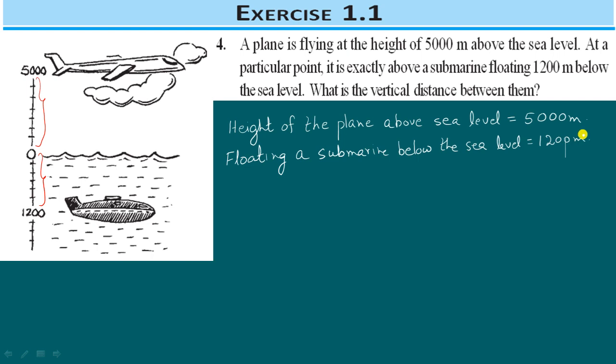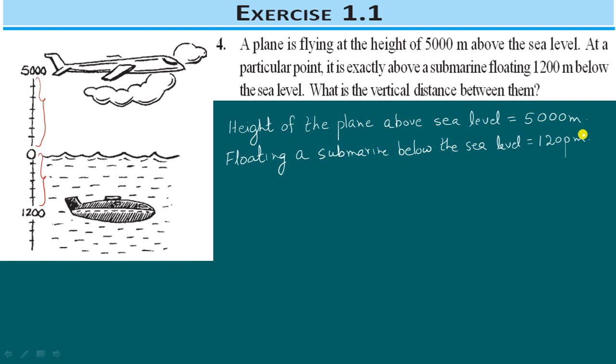Now you see here, the height of the plane above sea level is 5000 meter, and floating a submarine below the sea level is 1200 meter.